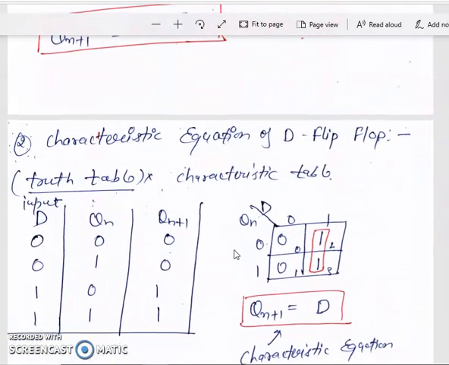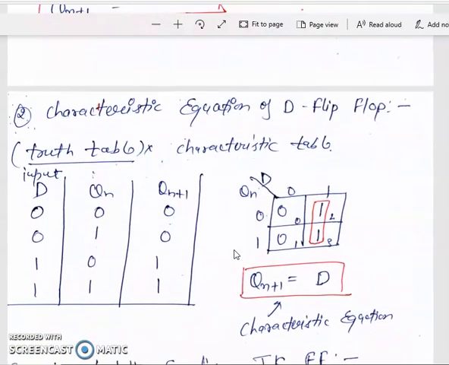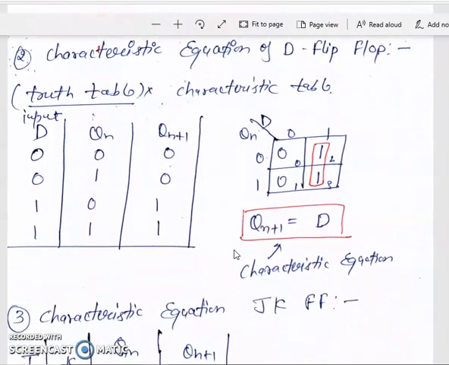Move to the next flip-flop, characteristic equation of the D flip-flop. Right here is the first characteristic table: D is the data input, Qn is the present state, and Qn plus 1 is the next state. The output depends on the data input, 0 or 1, and the present state may be 0 or 1, giving 4 combinations. When data is 0, present state is 0 or 1, and when data is 1, present state is 0 or 1.